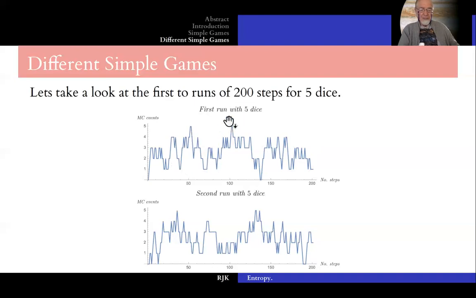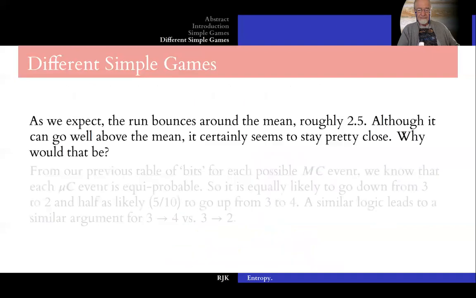But for a small number of dice, sometimes they'll go all the way up to the 5, and other times they'll go all the way down to the 0, as in these places. So let's take a look at more dice. As I said, they tend to bounce around the mean, roughly 2.5, but they can go well above it and also pretty low.